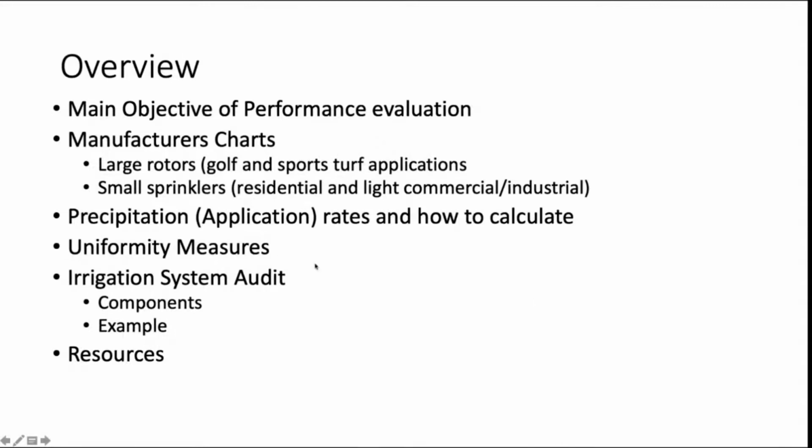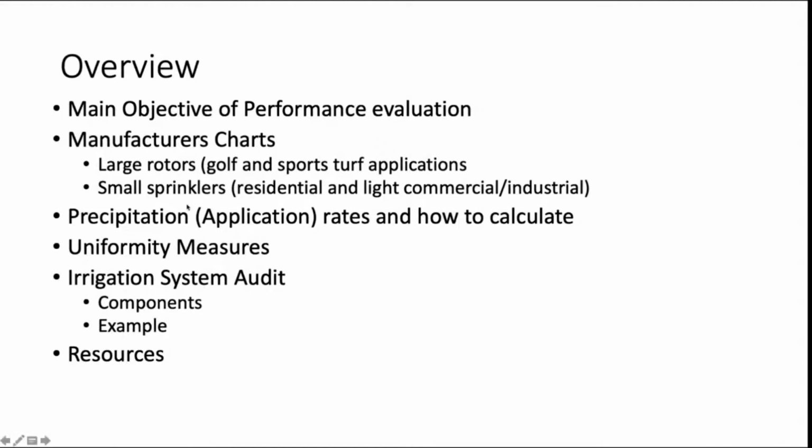But we also want to look at how we calculate a precipitation rate. And here, in the agricultural background that I'm from, we like to talk about application rates and associate those with the irrigation system versus precipitation rates, which we think of falling from the sky. But just know that if I say precipitation or application rate in this talk, I'm talking about the same thing.